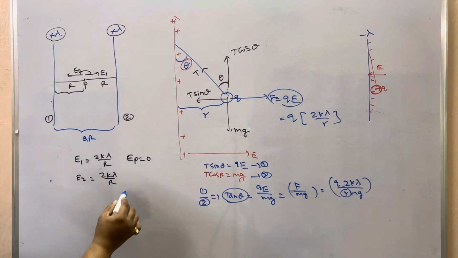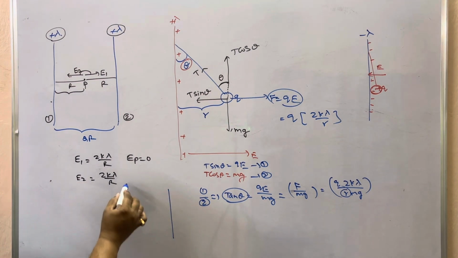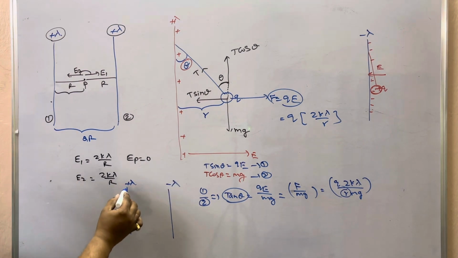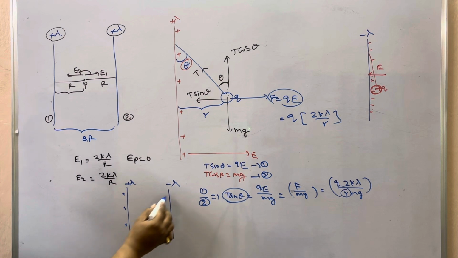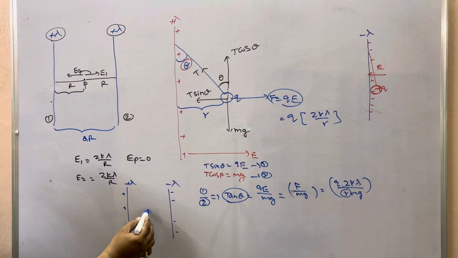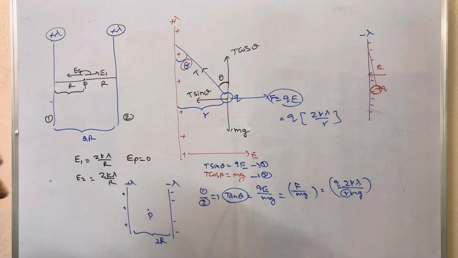Another one. Two wires they will give. One is plus lambda, another one is minus lambda. Plus lambda means a positively charged wire, and minus lambda means a negatively charged wire. At this point P, what is the electric field intensity? Again, the separation is 2R. We are taking the same question, but one is positively charged and one is negatively charged.